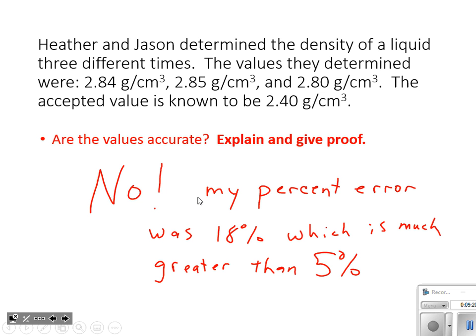Okay, so are the values accurate? No, they are not. And why are they not accurate? I gave proof right there based on my percent error that I calculated on the previous problem. Any questions on that? Sweet. Go ahead and pass that up.